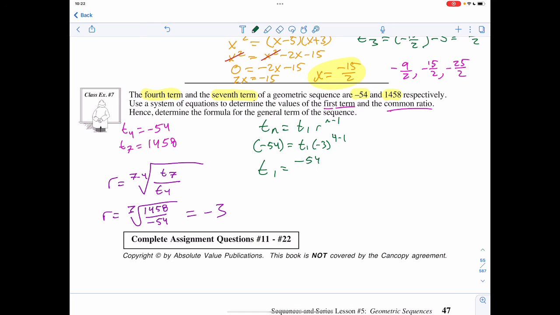Negative 54 divided by negative 3 to the power of 3. And that's going to give me a T1 of 2.